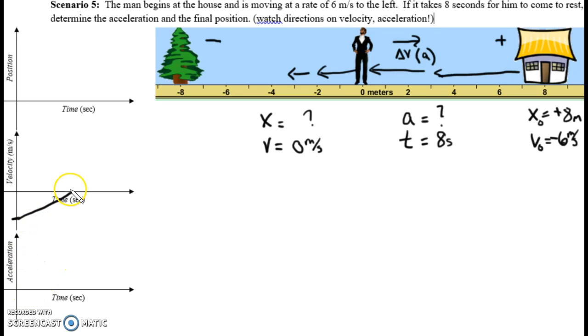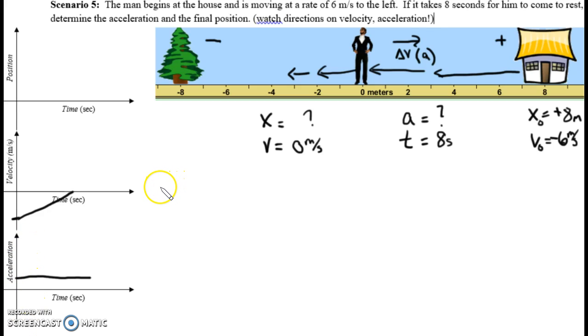Now the slope of this graph is going to be positive, which means my acceleration will also be positive. We can double check that using our motion diagram, and the change in velocity / acceleration arrow is also pointing to the right. So since the slope is constant, the acceleration will be constant as time goes on. So my velocity and acceleration graphs will look like these two here.